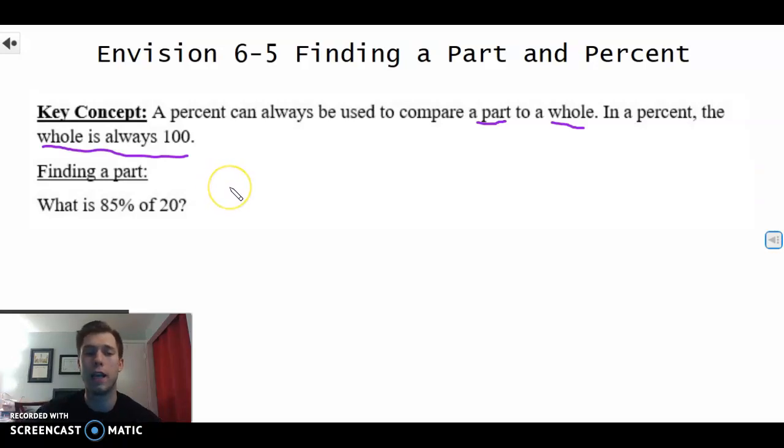Okay, and when you do that, you will always write your ratio or your rate as is over of.